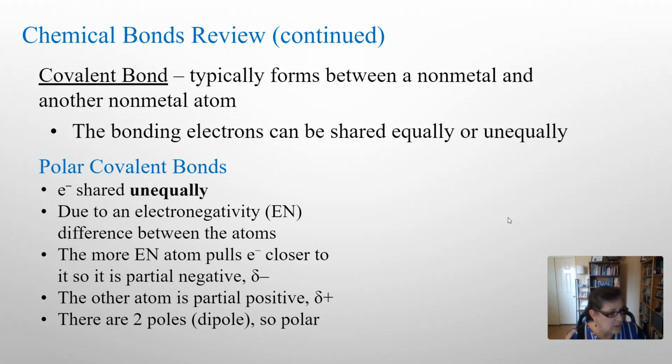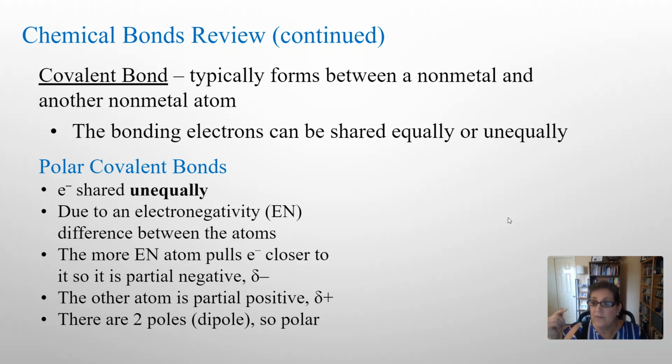So the atom that's closer to fluorine is more electronegative, and it will pull those electrons closer to it. So the more electronegative atom, the one closer to fluorine, pulls electrons close, so it's a little bit negative because electrons are negative. The other atom by default is a little bit positive.